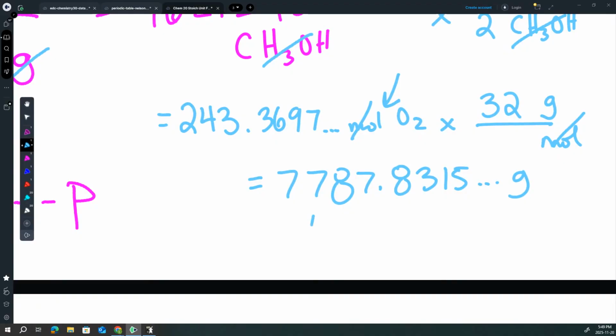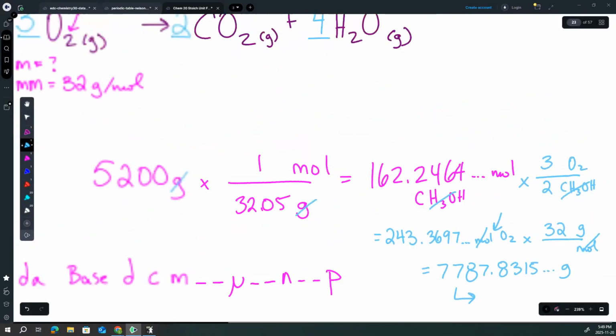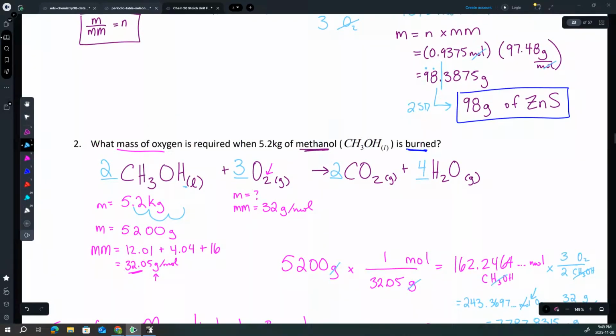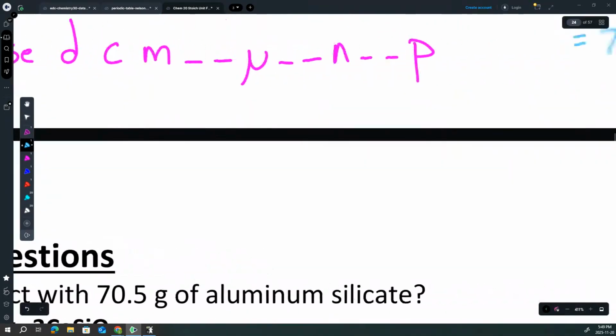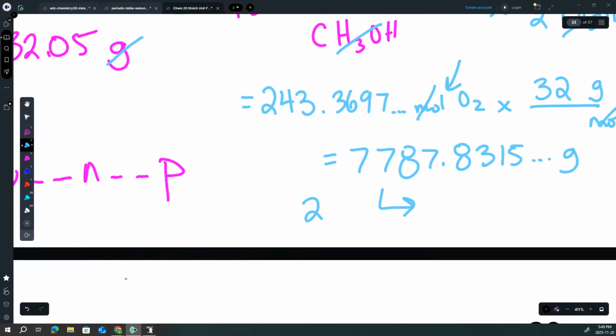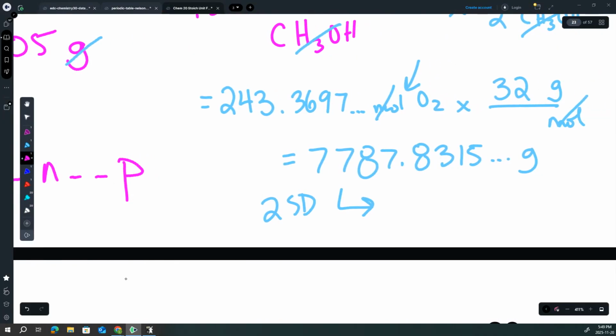And we need to take into account sig digs here, which looks like we're only given 2 sig digs. So that's what we're going to be working with. I start from the far left, counting my significant digits. 1, 2, so there's my cutoff line. Since my cutoff line comes before the decimal, that's how I know I'm going to have to use scientific notation.